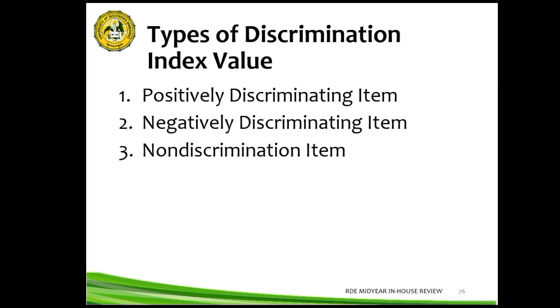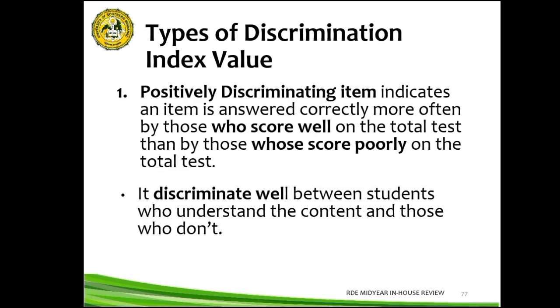There are three types of discrimination index: the positive, negative, and non-discriminating item. First is the positively discriminating item. It indicates an item is answered correctly more often by those who score well on the total test than by those who score poorly on the total test.